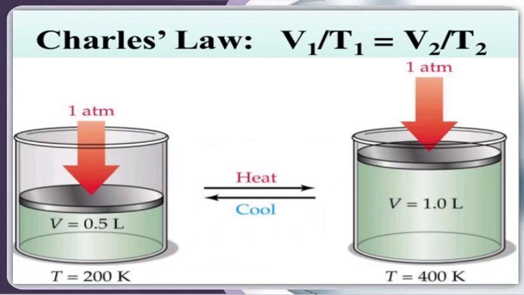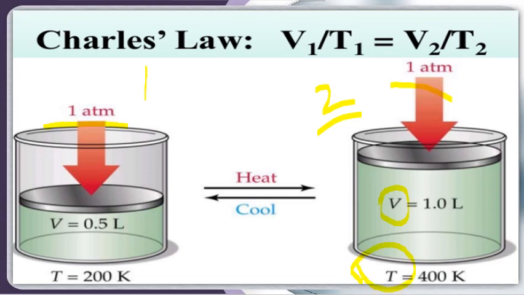Now here is the experimental verification of Charles's law. Suppose this is the initial state, with temperature, pressure, and volume terms. In this container, we have heated it, or maybe cooled it, and this time we have heated it, which gives the final state of volume and temperature while the pressure is kept constant.